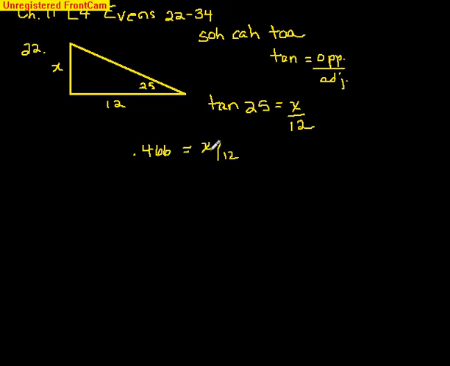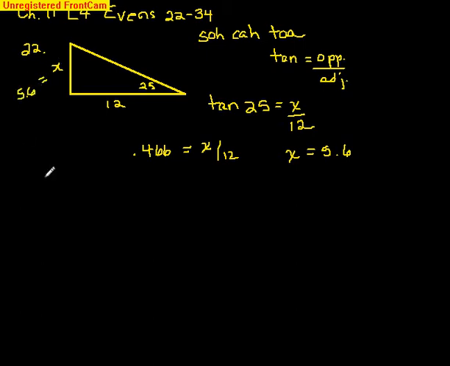Now we cross multiply, which means we're going to multiply that times 12. I just left that number in my calculator and multiplied it. And I get x equals 5.6, basically. That's what the book says. The answer book says 5.6. So that means this side x right here is 5.6.